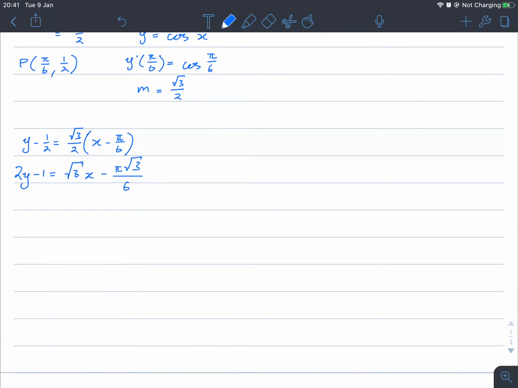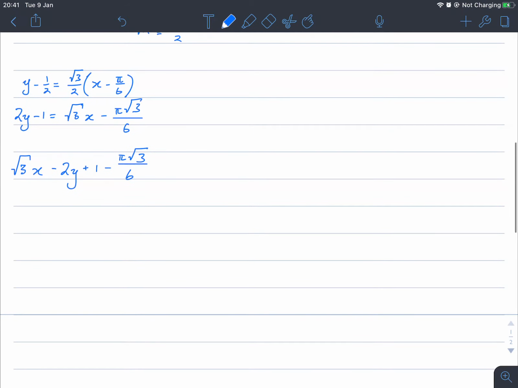Okay, I think I'm going to make this into the general form. So I'm going to keep root 3 where it is. So it's going to be root 3x minus 2y plus 1 minus pi root 3 on 6, and this should be equal to 0.